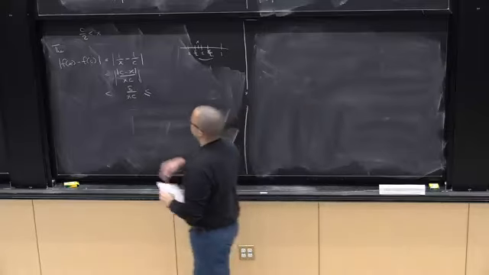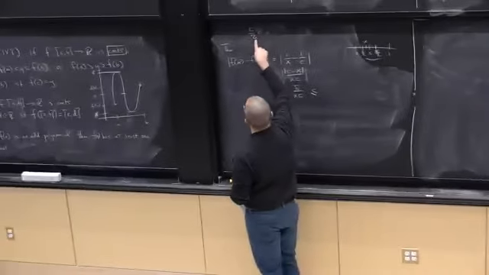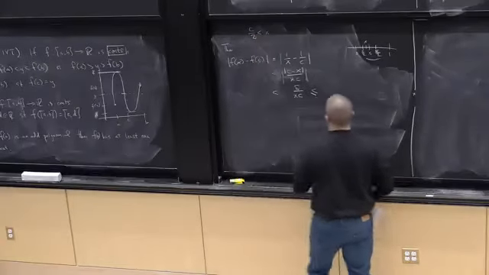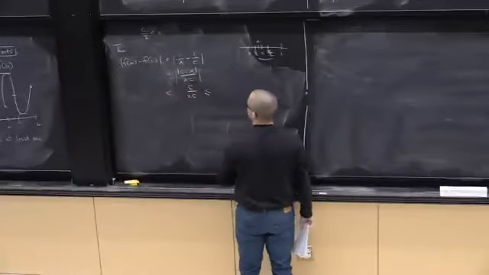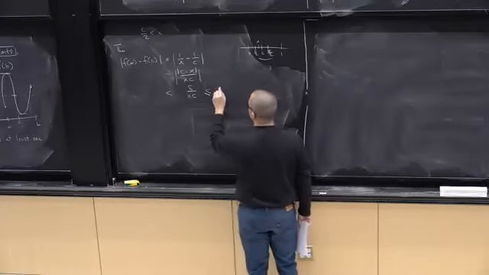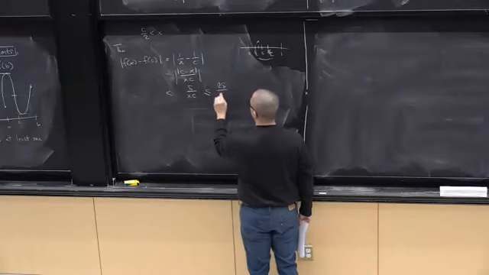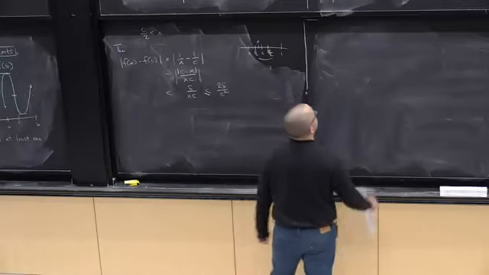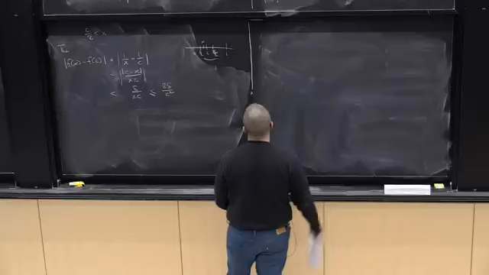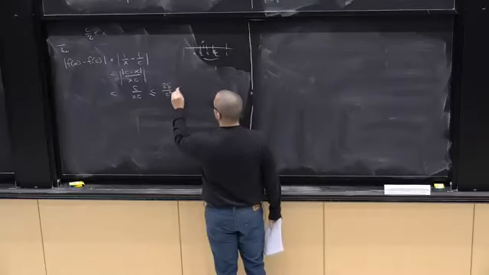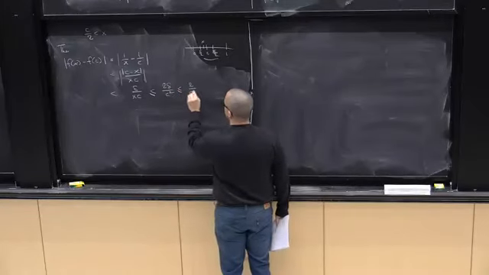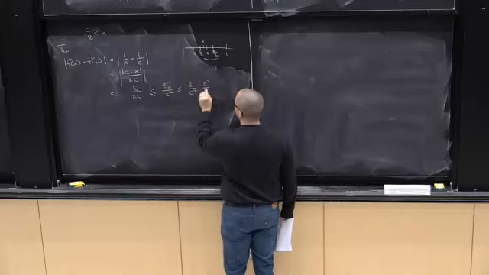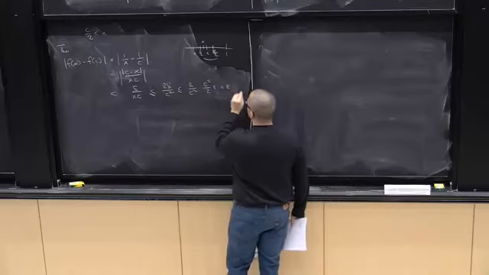Now x is bigger than c over 2, so if I take 1 over that, I get 1 over x is less than 2 over c. So this is less than or equal to 2 delta over c squared, and delta is the minimum of c over 2 and c squared over 2 times epsilon. So this is less than or equal to 2 over c squared times c squared over 2 epsilon, which equals epsilon.